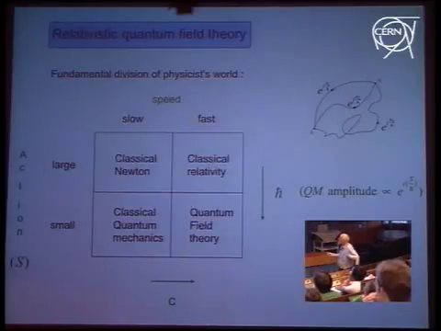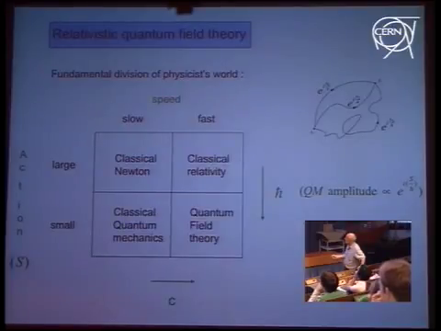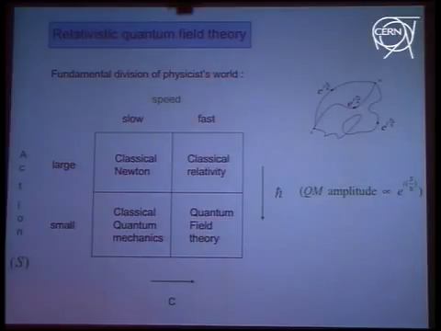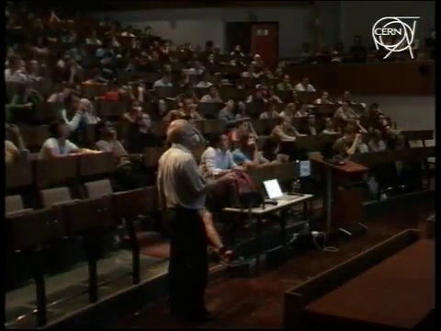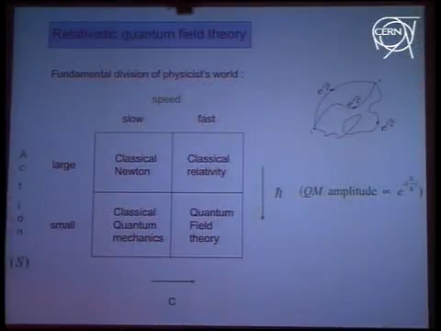So as h becomes small, you can't just use the classical path. You have to worry about all the other paths, and you go from large action to small action, and you have to go to classical mechanics. So this is a two-dimensional space explaining in what region Newton's classical Newtonian mechanics applies.